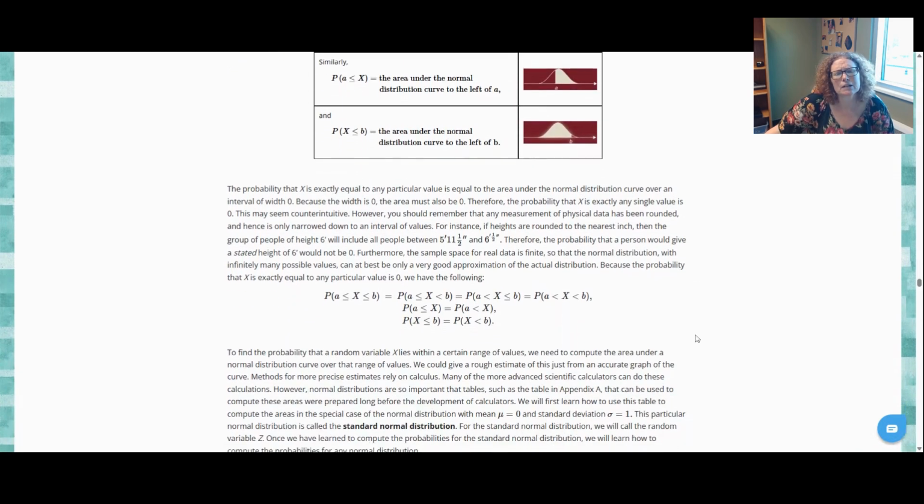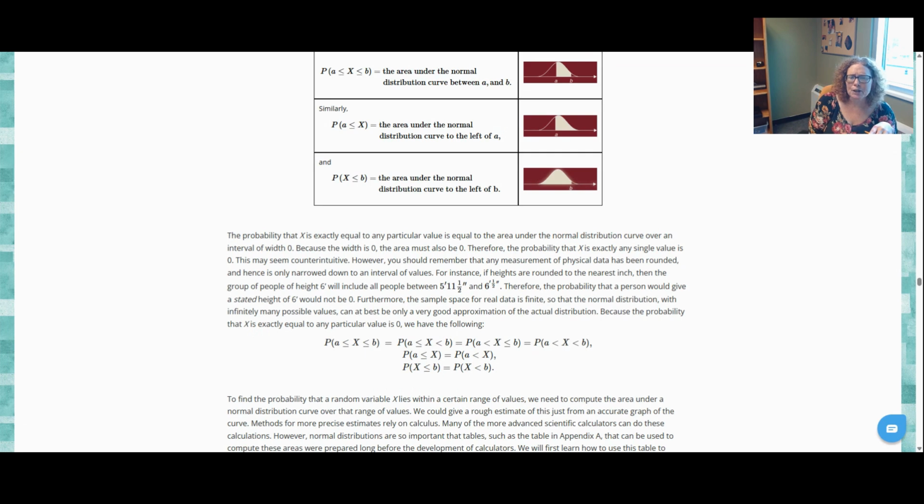But we also want to think about the fact that the probability that the data point is exactly equal to a single value under the normal distribution is 0. It's not going to be exactly that data point, because we've got averages and rounding and all of that.